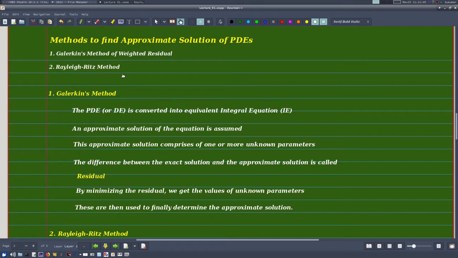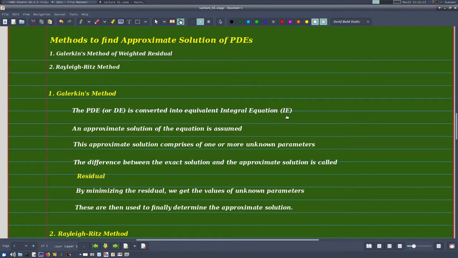Now, in Galerkin's method, the differential equation is converted into some equivalent integral equations. We will see how it is done, and it is actually not difficult to understand.